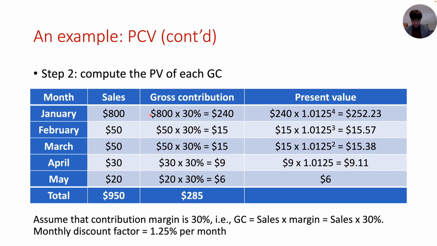The second step is to compute the PV of each gross contribution. This is a monthly history, so we need a monthly discount factor. Here, 1.25% monthly discount factor is given. With this discount factor, we can compute the present value of each gross contribution like this.